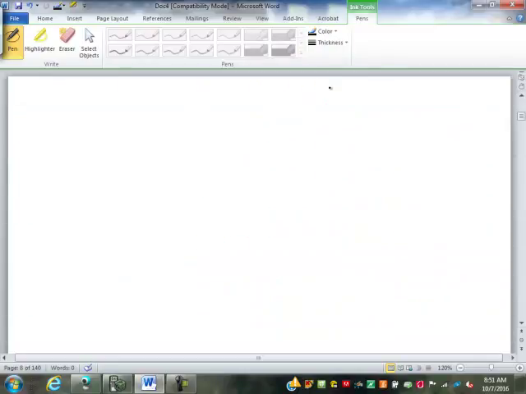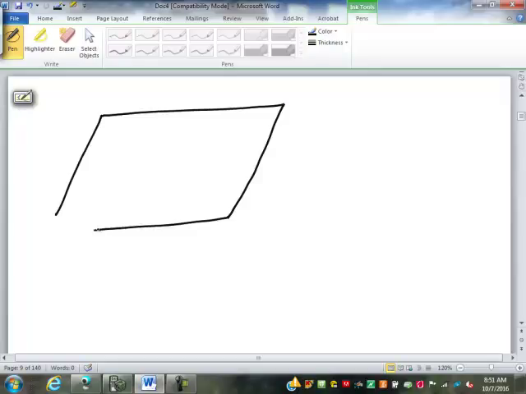So just a little bit of a review. Let's say this is a parallelogram and this is 20 inches here. And let's say this side here is 13 inches. How do I find its area? Do I do 20 times 13? No, why not?